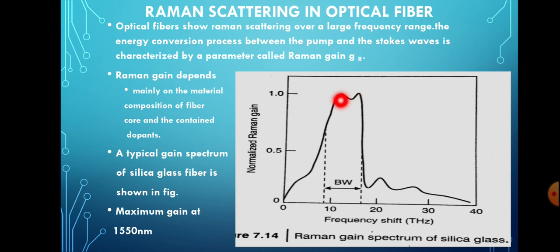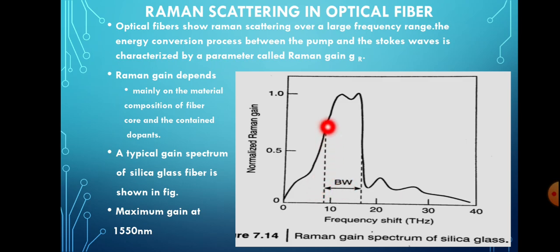There are different maxima, there is one maximum here, and also other minor peaks here. When we consider all the peaks, there is a total bandwidth of 40 terahertz for this Raman amplifier.